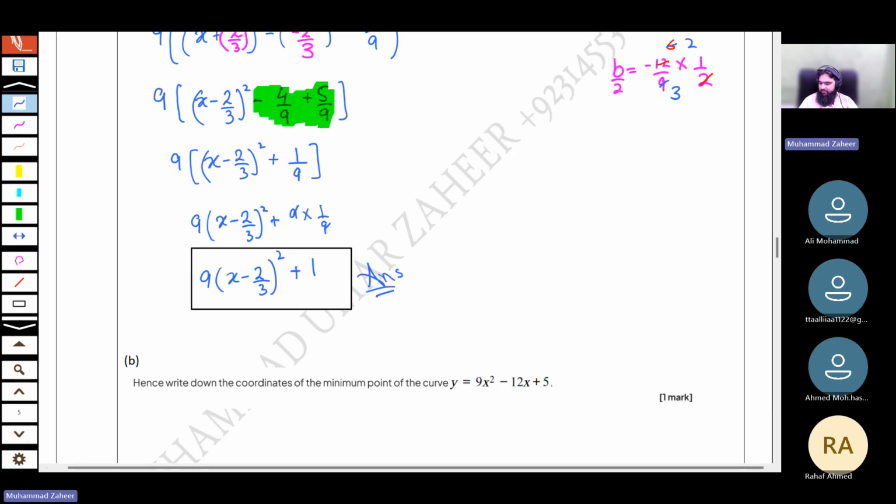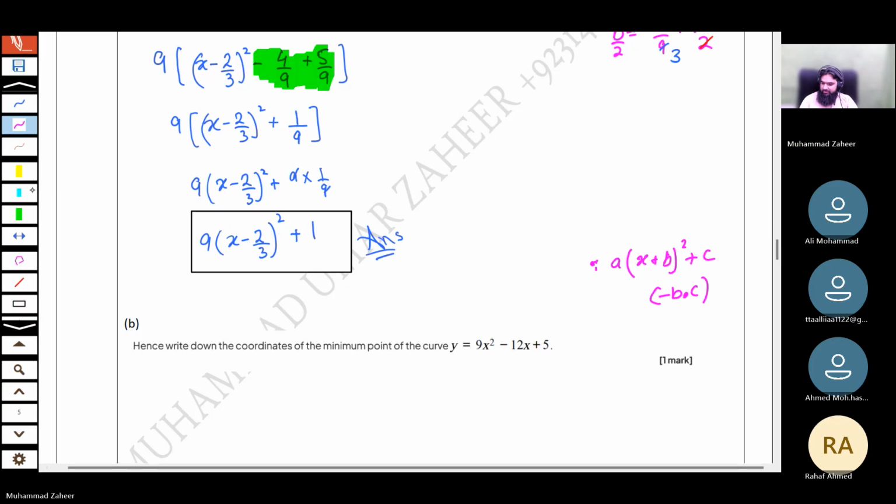Now, we have to find the minimum point. As I told you in the previous question, if we have an equation in the form a times x plus b whole square plus c, then minus b comma c is our turning point. So our turning point is going to be minus 2 over 3, which becomes plus 2 over 3, comma 1.